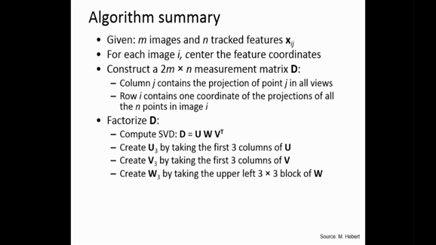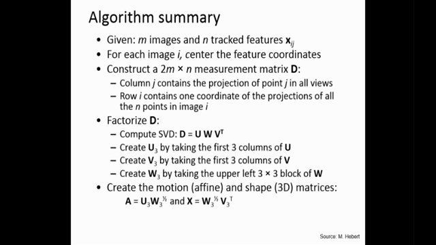And row i contains one of the coordinates of all the projections that are seen by a single view, the ith image. Then you factorize this matrix D by doing SVD and taking the first 3 columns of U and the first 3 rows of V transpose, or equivalently the first 3 columns of V. And then create W3 by taking the upper left 3 by 3 block of W. So you're basically saying that all the singular values after the first 3 are 0.